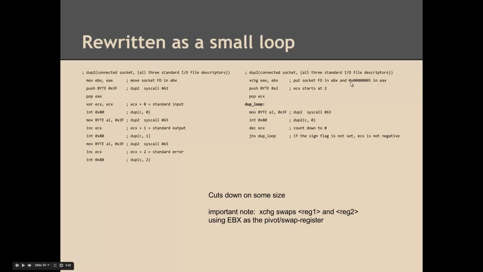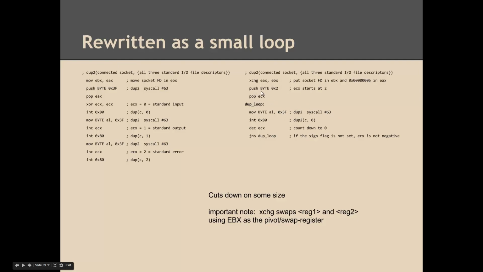Or no, I'm sorry. We know what it is. It's 5, and the important part is that the upper bytes were all zeroed out, and we're going to push this 3F byte into it to make EAX be 63 to specify the dup2 system call.